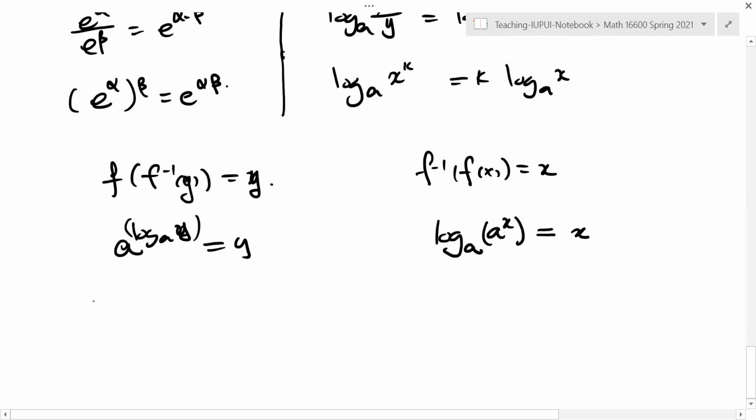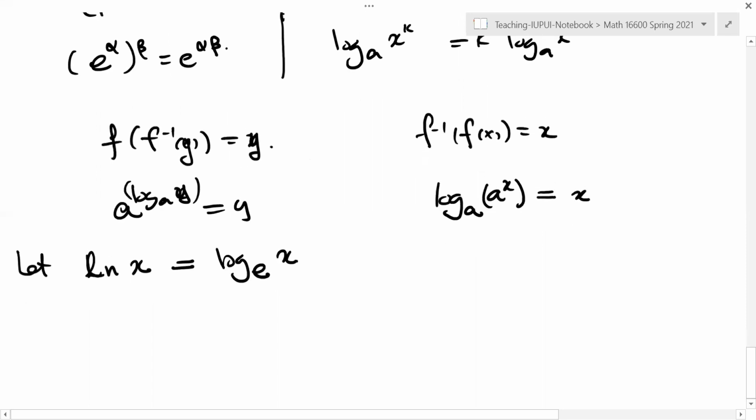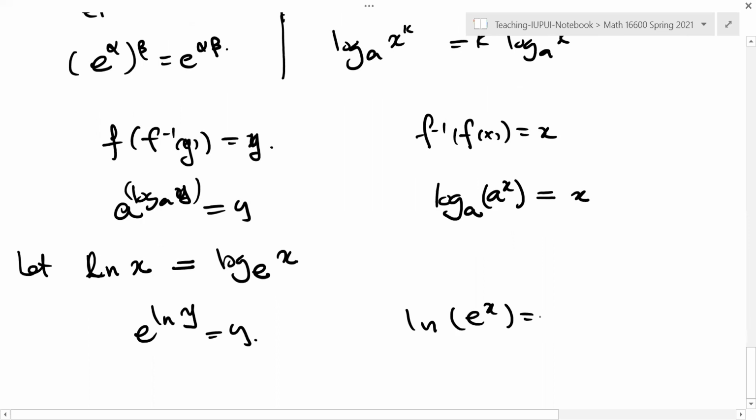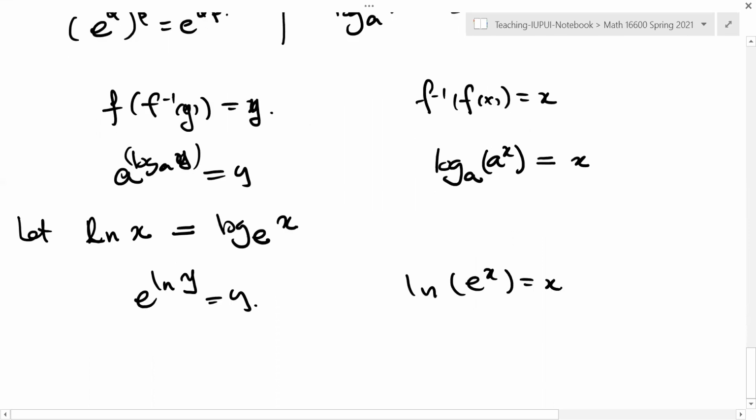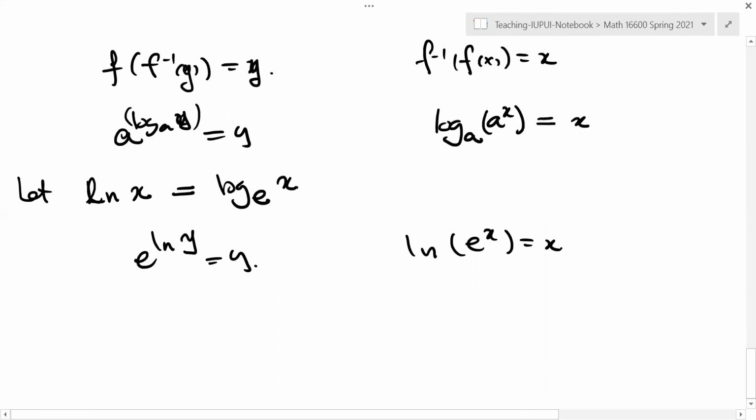And the most important thing is that the natural log ln x is defined to be the log with base e of x. So therefore you have this identity, because they are inverse to each other.